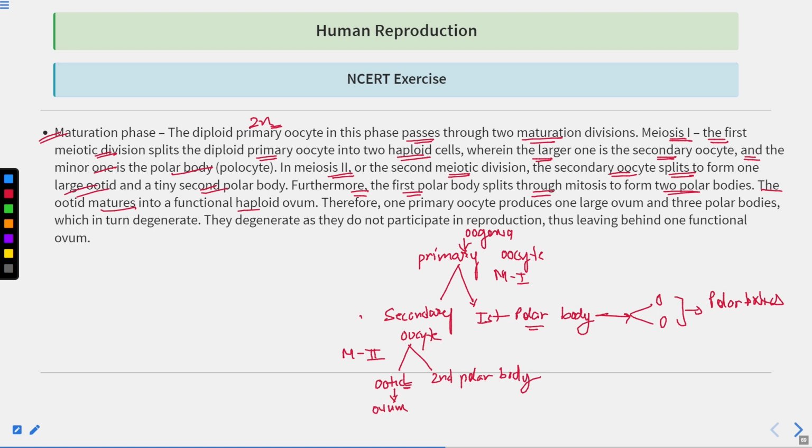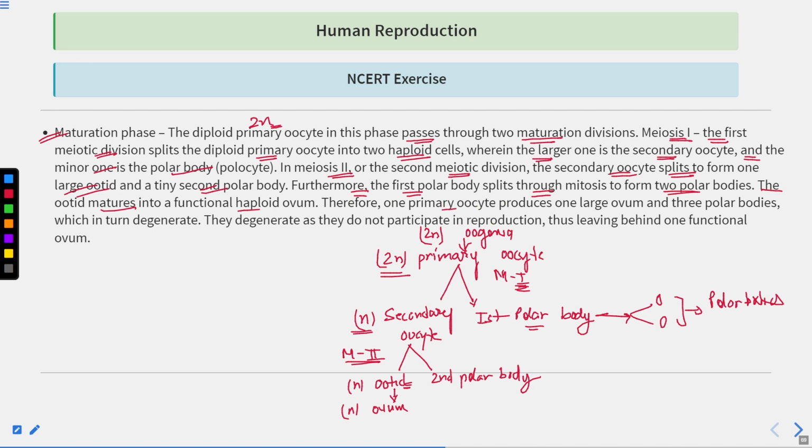So the secondary oocyte will be haploid, the primary oocyte will be diploid, and oogonia will be diploid. After meiosis 1, which is known as the reductional division, the secondary oocyte will be haploid, the oocyte will be haploid, and the ovum will also be haploid, because meiosis 2 is similar to mitosis. Meiosis 1 is known as the reductional division, as there is a reduction in the chromosome number. Clear?